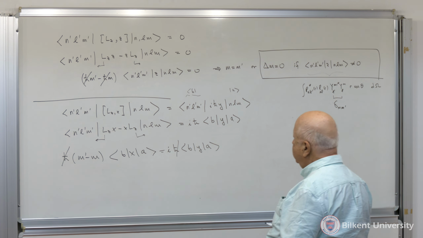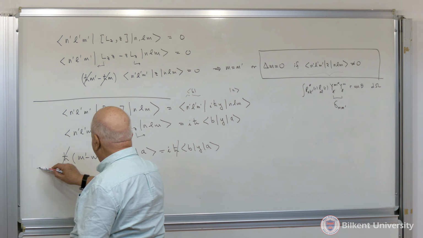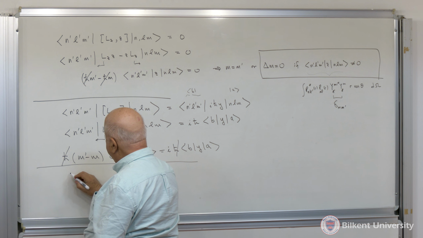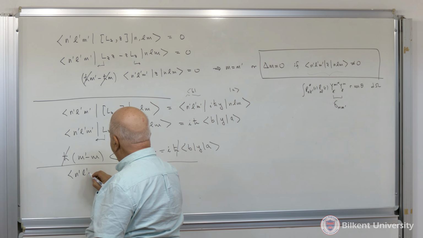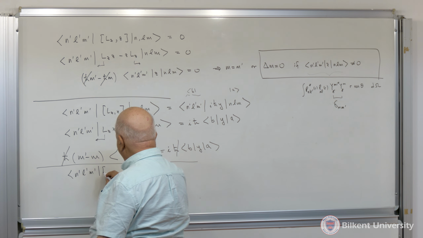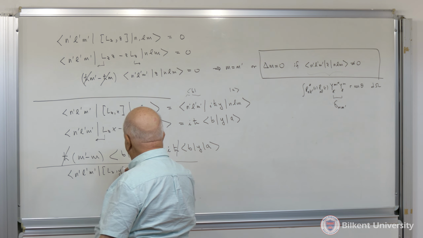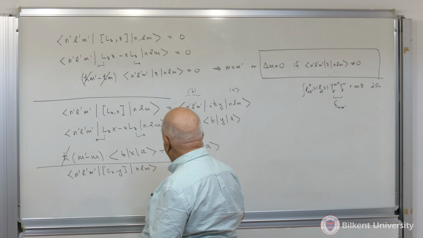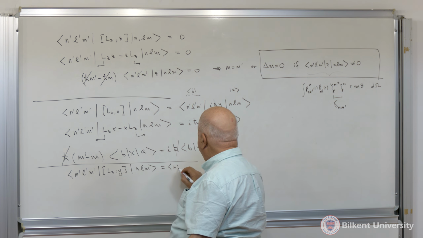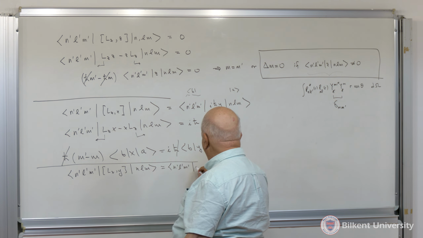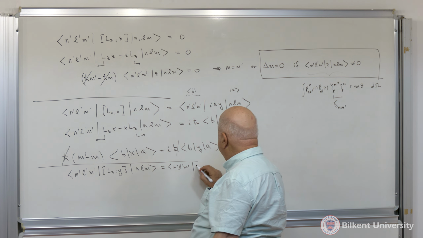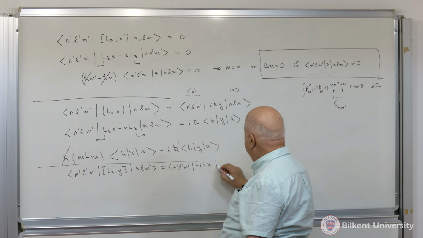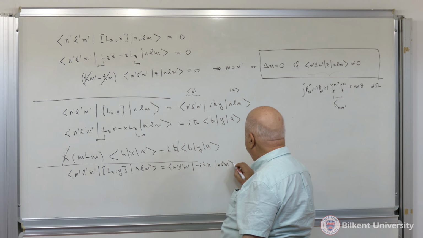Let's look at the other commutation relation also. So I'm going to get <n' l' m'| L_z Y |n l m>. You can guess what happens. This is going to be <n' l' m'| minus i ħ X |n l m>.